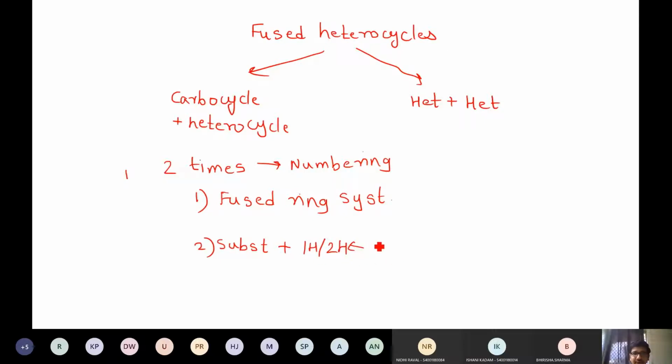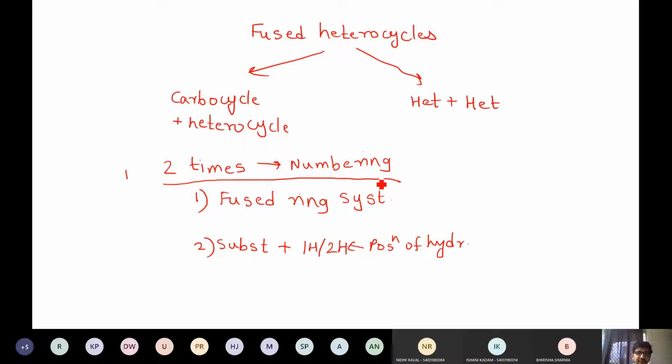The position of hydrogens. Do you remember this? Yes, sir. So that is what makes this bicyclic nomenclature a little bit confusing. That is, first you give the numbering to define the ring system itself, and then you look at the substituents. Okay, so keep this in mind before we go ahead, that these are the two types of numberings we are going to look at. Is that okay?